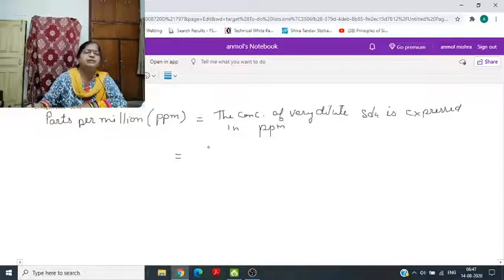For example, hardness of water is expressed in this unit.